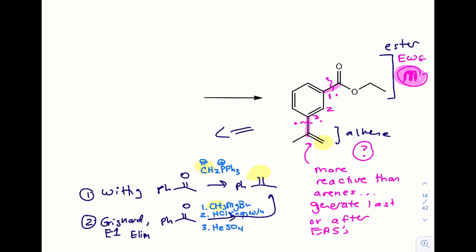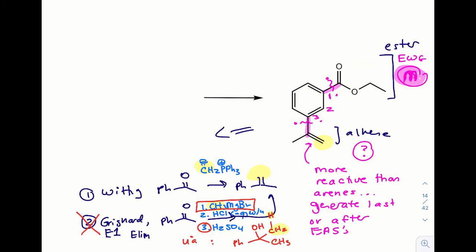The only issue, and the issue is with this second option, which does go via this alcohol. The E1 elimination step 3 here would eliminate water and generate the alkene. Right, so it generates the alkene right here. Now the only problem with this sequence is that Grignard reagents would also react with the ester.